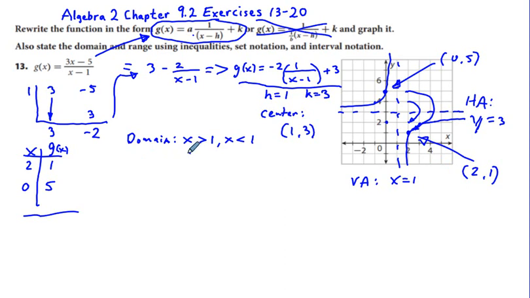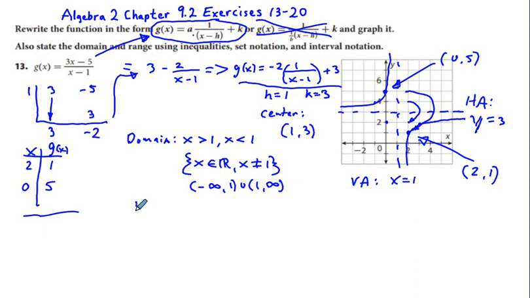In set notation, x is an element of all real numbers, but x cannot equal 1. And finally, in interval notation, we have x from negative infinity to less than 1, union 1 to infinity.